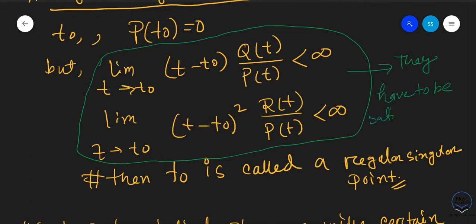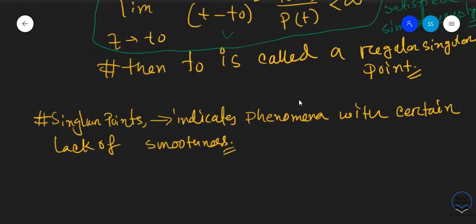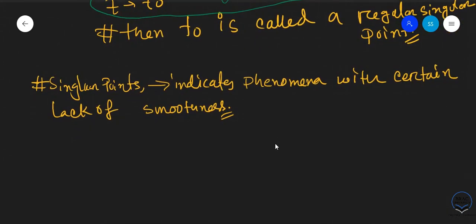So this is an important fact to keep in your mind: for the kind of differential equations that we are dealing with, if they have some singular points and you are asked to find whether the singular points are regular, you have to show that both of these are true. And any point that is not a regular singular point is called an irregular singular point.